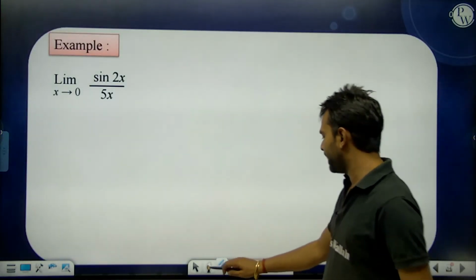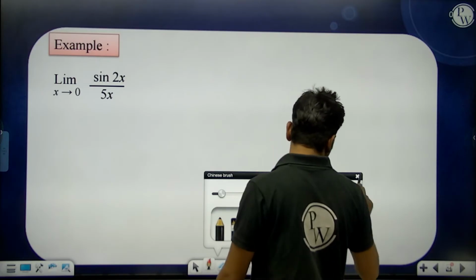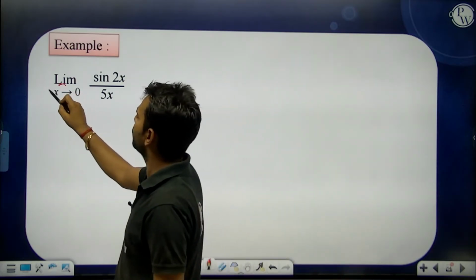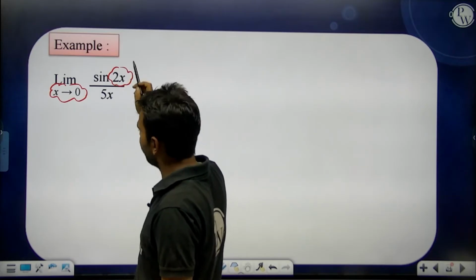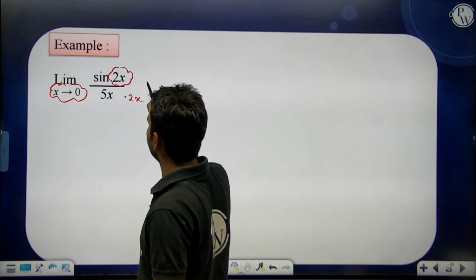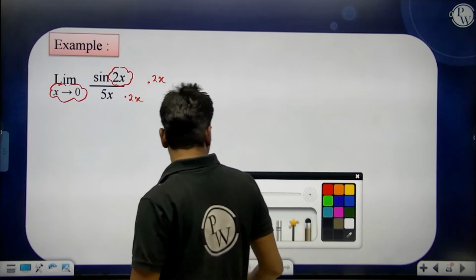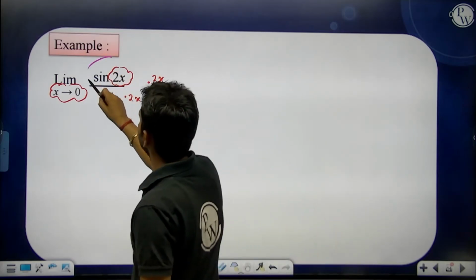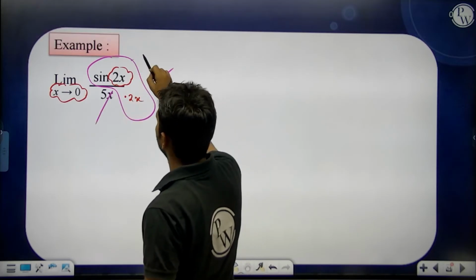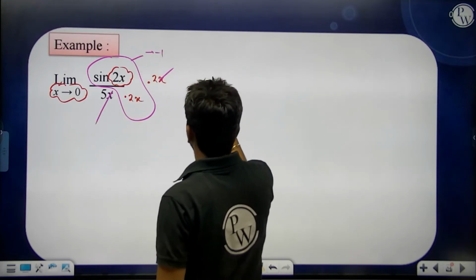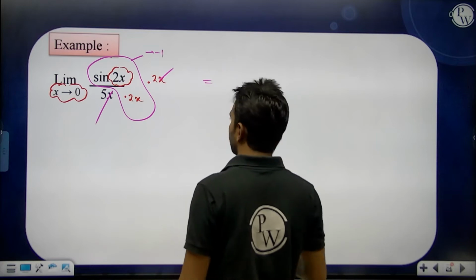Okay, let's apply the concept that we have just studied. As x is moving towards 0, this particular thing is moving towards 0. But if the very same thing is written in the denominator, only then the value of the limit is going to be 1. So this limit is now going to be 1, yes or no? And over here, if you cancel out these two, then your question will become 2 by 5.